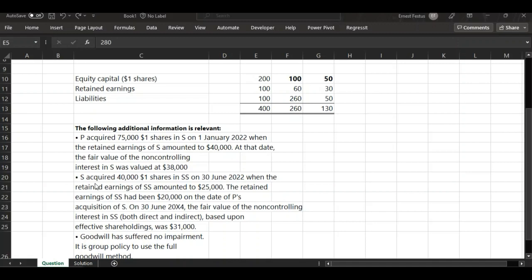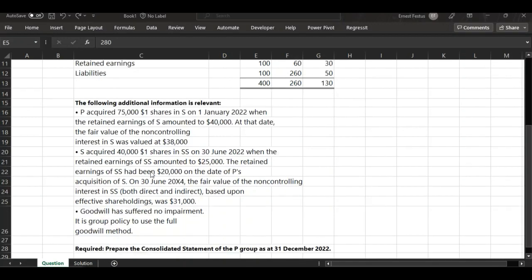Another issue in complex group account questions is dates. In this question, P acquired S on 1st January 2022, which is the beginning of the year. S acquired SS on 30th June 2022, which is the middle of the year.